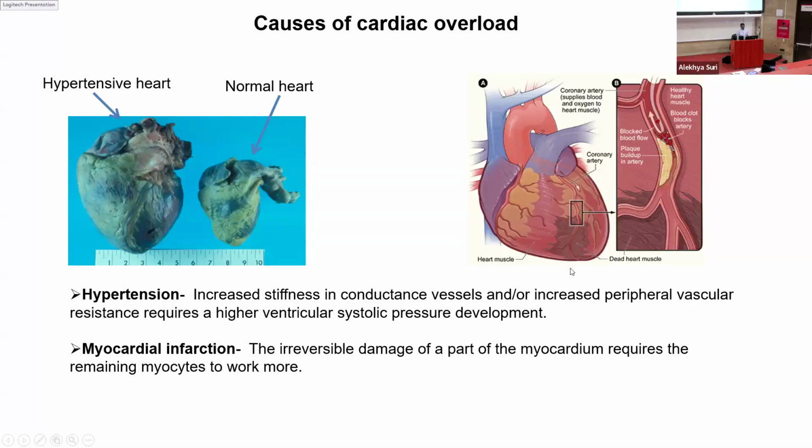To compensate for the loss of a portion of the cardiac muscle, the remaining heart will become enlarged. So in case of myocardial infarction, the hypertrophy is mostly a volume overload hypertrophy, meaning you'll see a large accumulation of blood inside the ventricle. And in hypertension, you will see the heart develop a very high pressure to pump the blood.